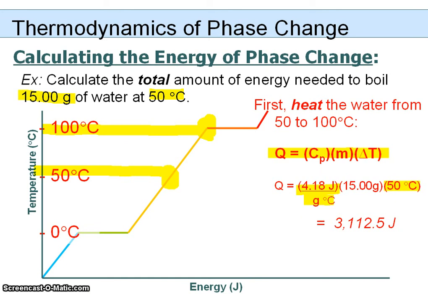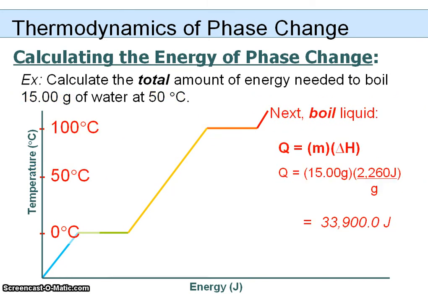That is not our final answer, however. We need to look at the second part of the equation, which asks us to then take that water at its boiling point and boil it. Boil assumes they want us to convert it from a liquid to a gas.